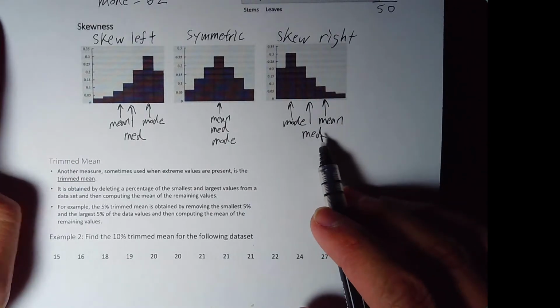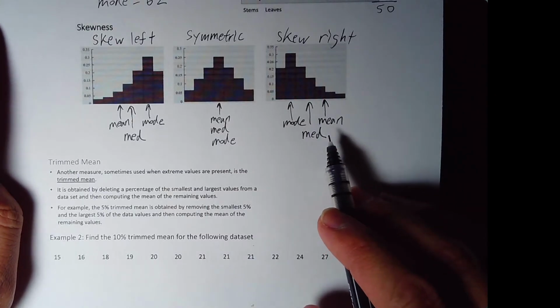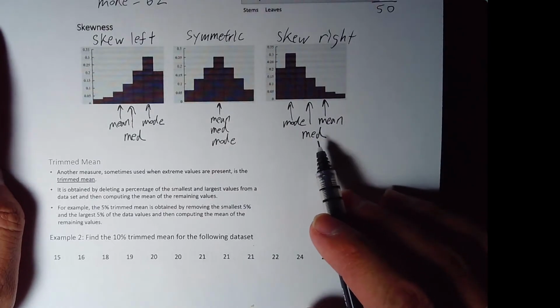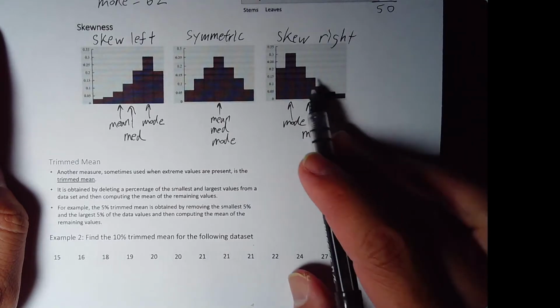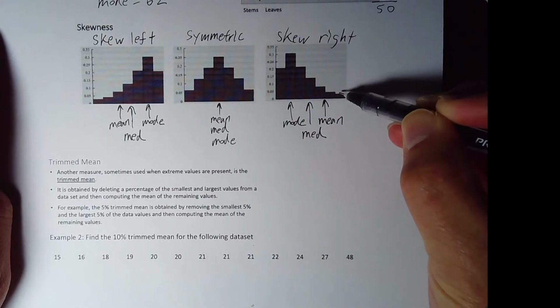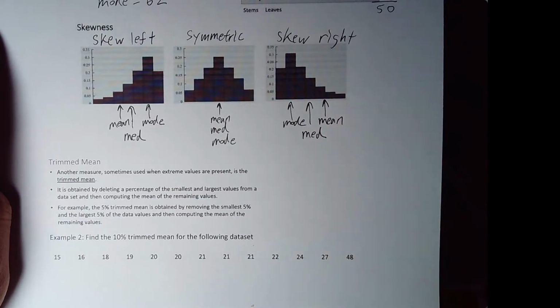Suppose that the average income in San Francisco is, let's say, $300,000, but the median income is $90,000. Knowing that fact, you can conclude that there are a few high income earners that are pulling the average up.